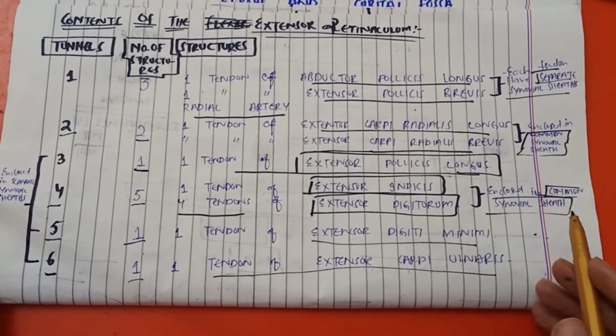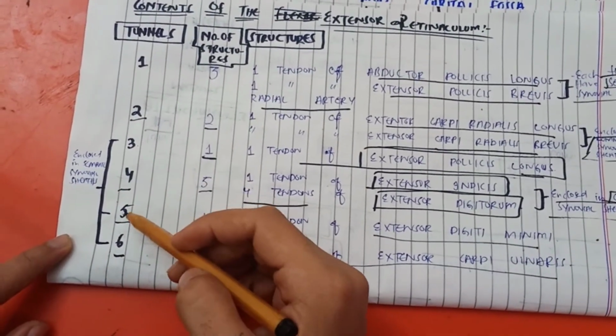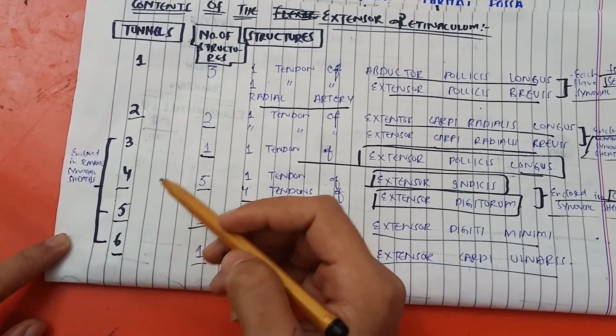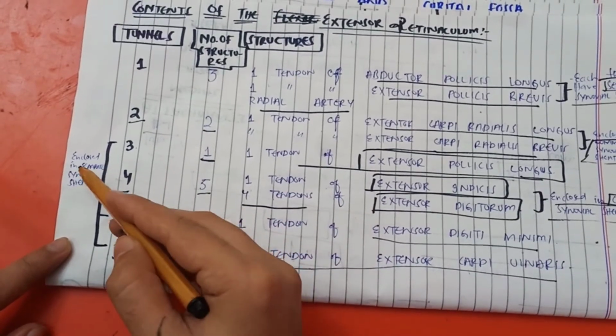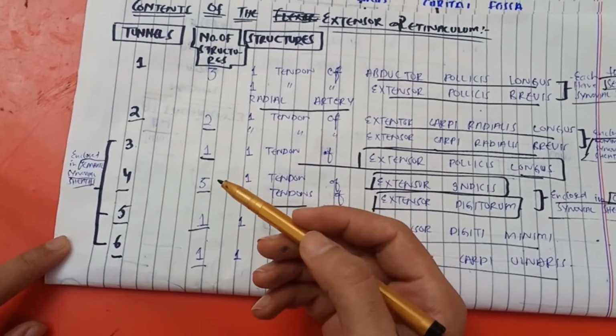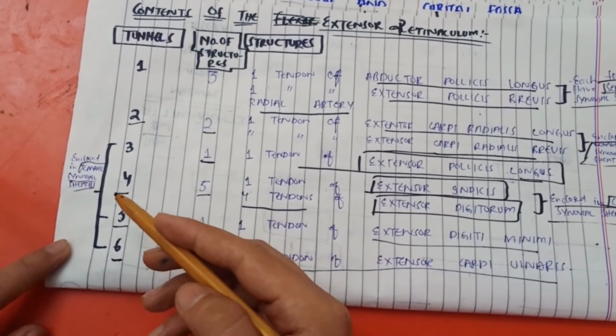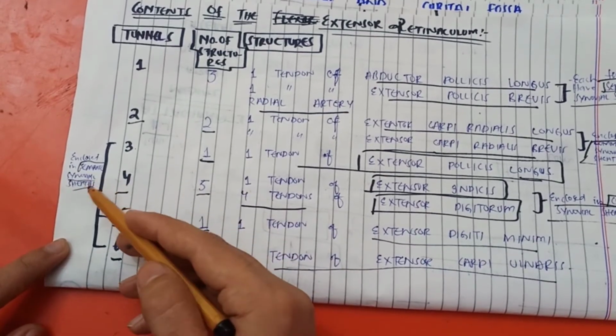So the important point here is that in tunnels number 3, 5 and 6 there is a single tendon, which is enclosed in a separate synovial sheath, because there are single tendons in each tunnel, so there must be a separate synovial sheath.